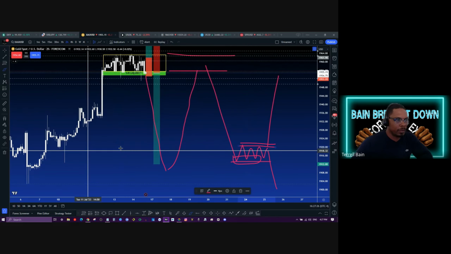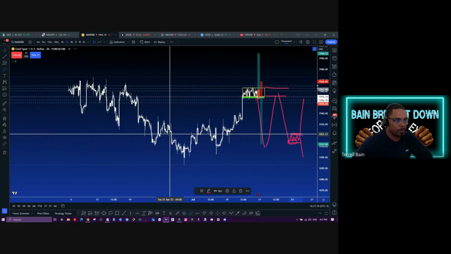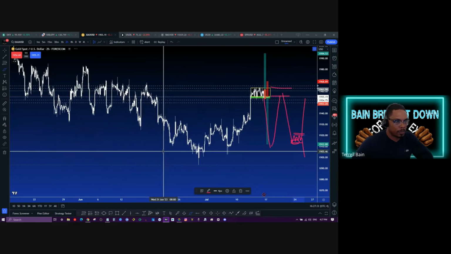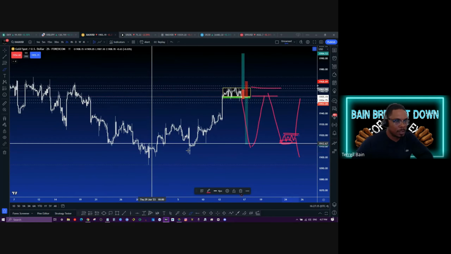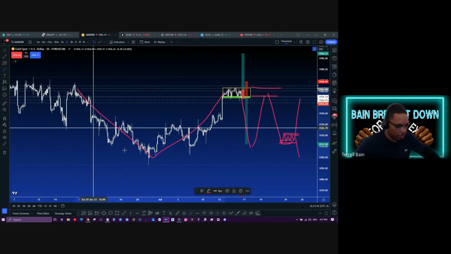So when I look right here on gold, I can see that this is probably the most major swing I had, coming down and then coming up. That's a huge swing.